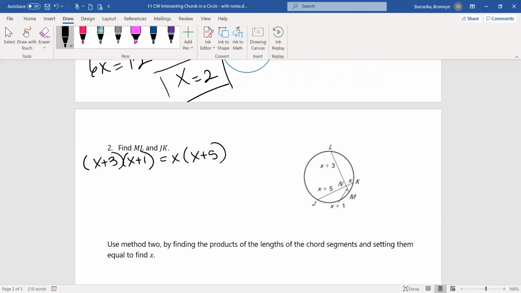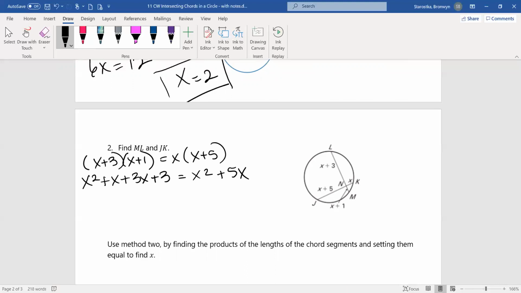We can use area model, distribution, FOIL, however you combine two binomials, however you multiply those. But it's going to be x squared plus x times 1 is x, 3 times x, 3x plus 3. That's what you'd get if you FOILed, equals x squared plus 5x.